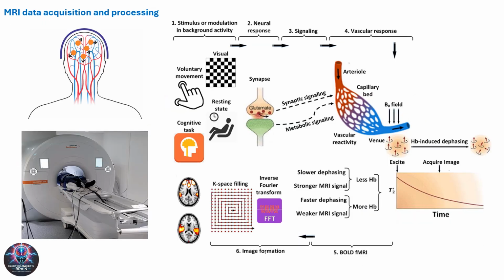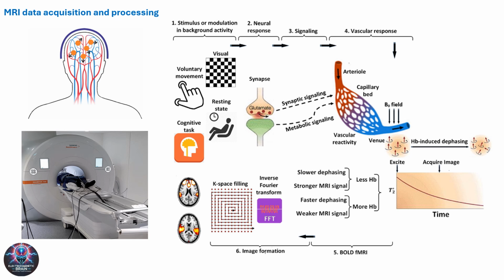Now, we shift to magnetic resonance imaging, or MRI, which provides detailed structural images of the brain. MRI is based on the principles of magnetic fields and radio waves, offering highly detailed 3D images of brain structures without the need for any radiation. The data acquisition process involves placing the subject in a magnetic field and using radiofrequency pulses to excite hydrogen atoms in the brain.